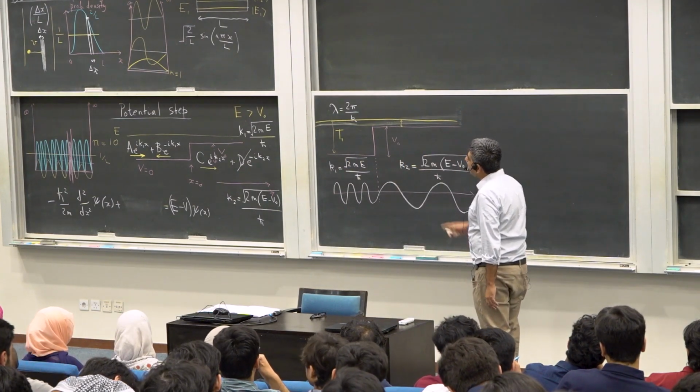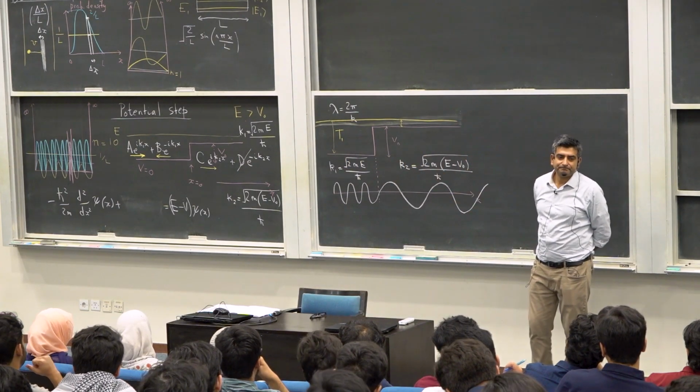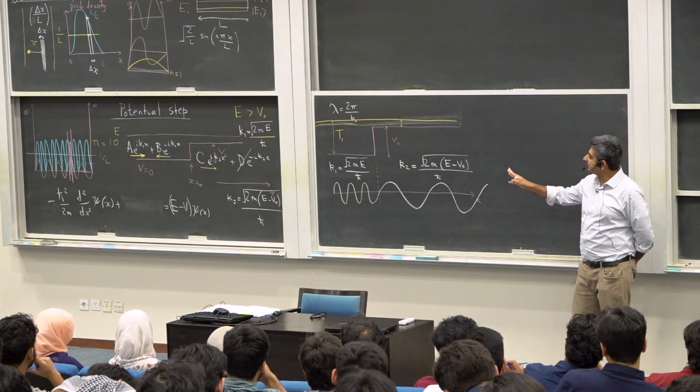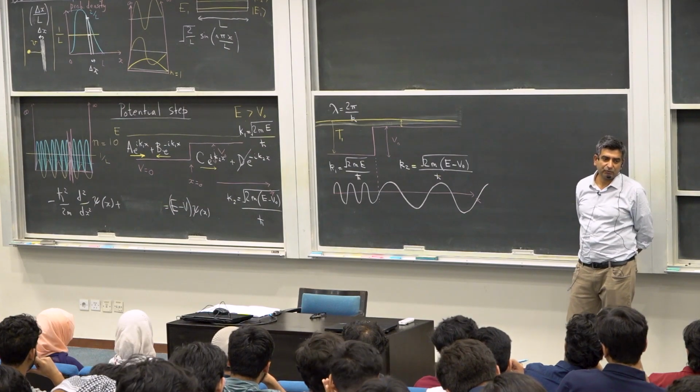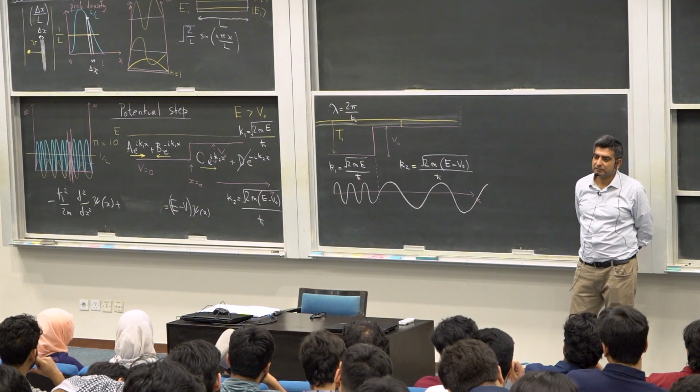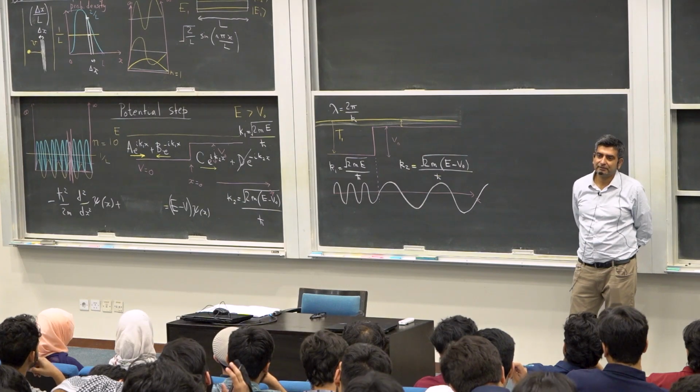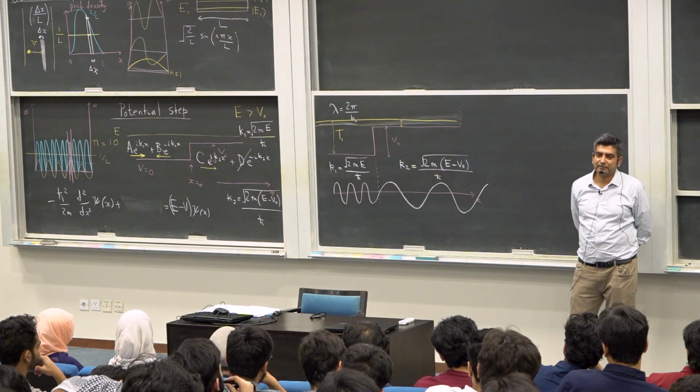So how can I calculate A, B and C? Is there anything inside this quantum system that can help me calculate these coefficients? Boundary conditions.